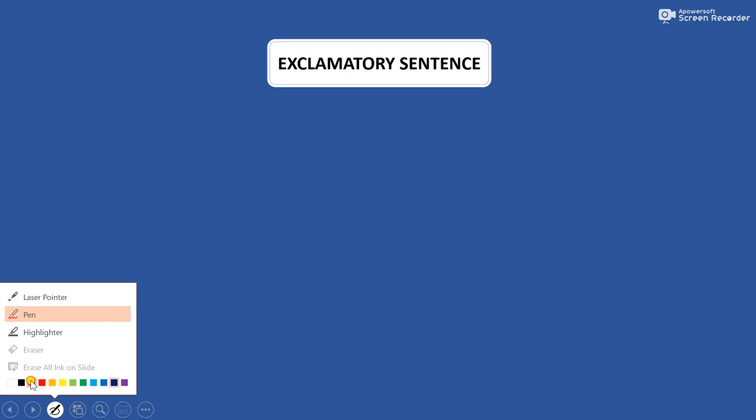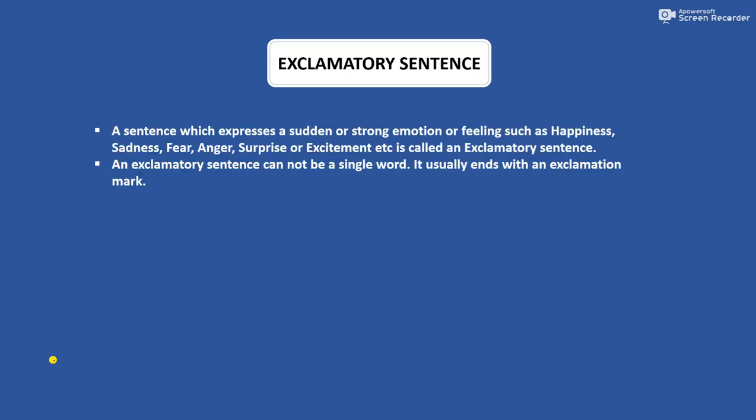So now when we talk about exclamatory sentences, a sentence which expresses a sudden or a strong emotion or feeling such as happiness, sadness, fear, anger, surprise, or excitement is called an exclamatory sentence. So, any sentence where there is an expression of a sudden feeling or a sudden emotion, like suddenly you feel happy about something and you express it.